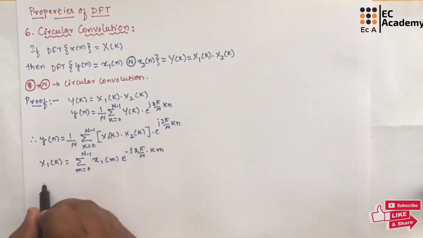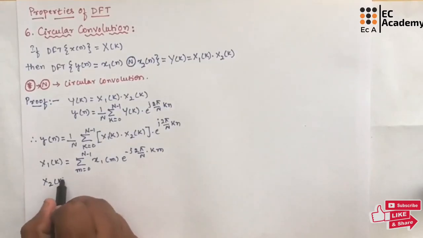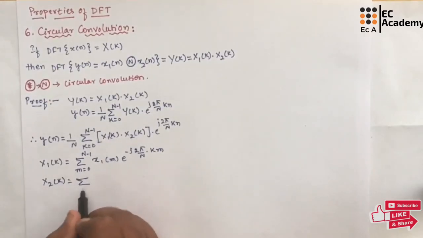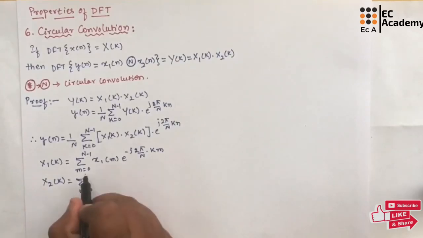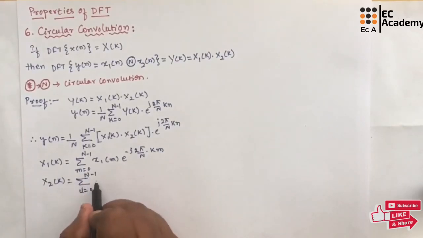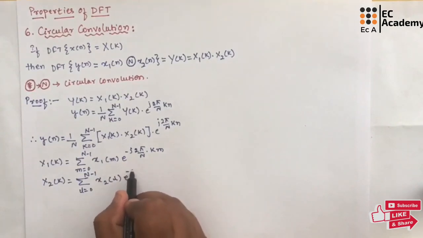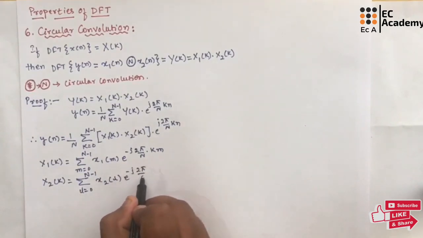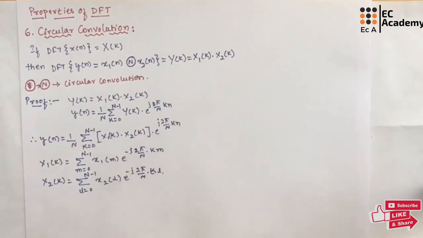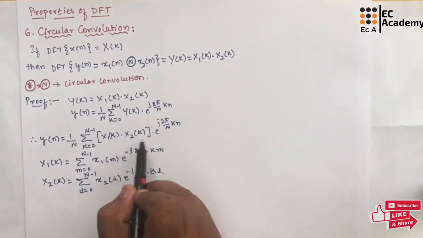In the same way, we can write x2 of k is equal to summation of L is equal to 0 to n minus 1 x2 of L e to the power of minus j 2 pi by n into k L. Let us substitute the value of x1 of k and x2 of k in this equation.